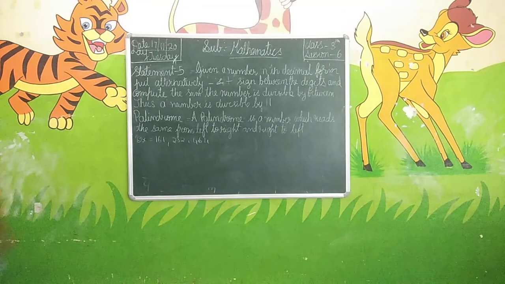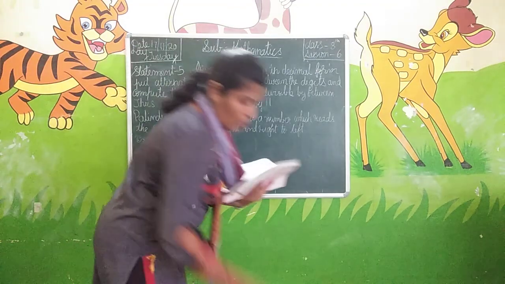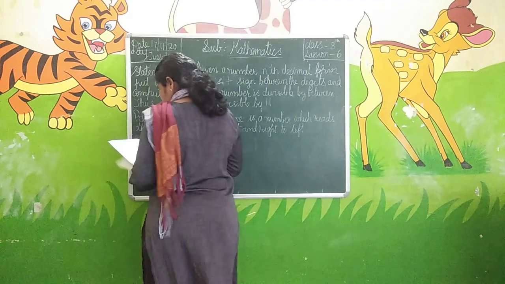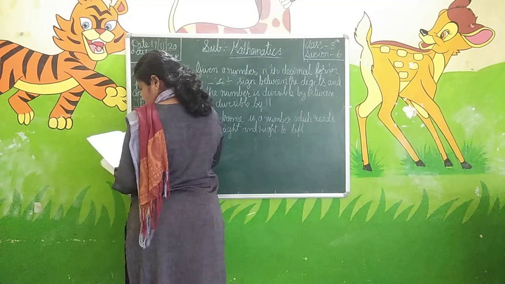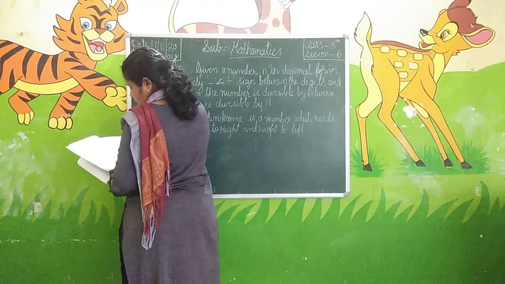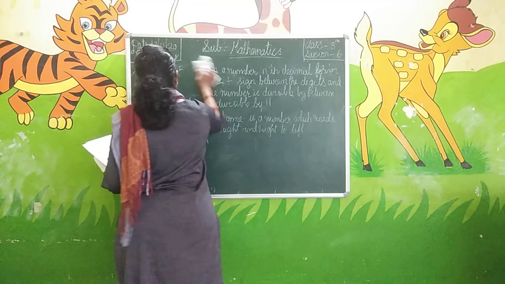Okay children, this is about the divisibility tests. Now we go for exercise 1.4. Okay students, let's start exercise 1.4. What they have given is: without actual division, using divisibility rules, classify the following numbers as divisible by 3, 4, 5 or 11.